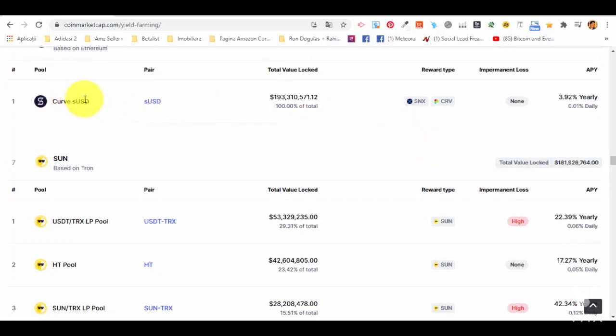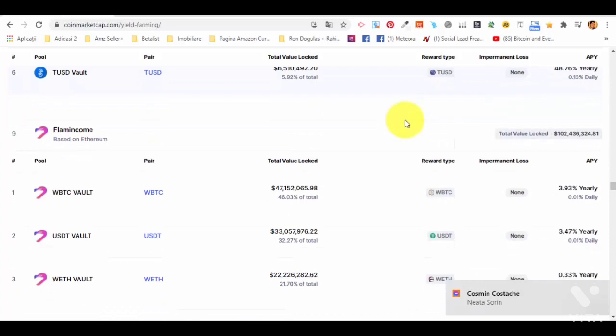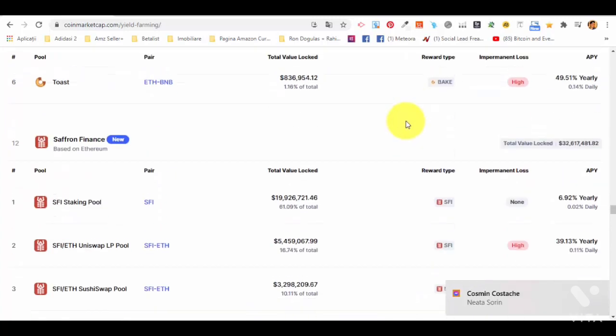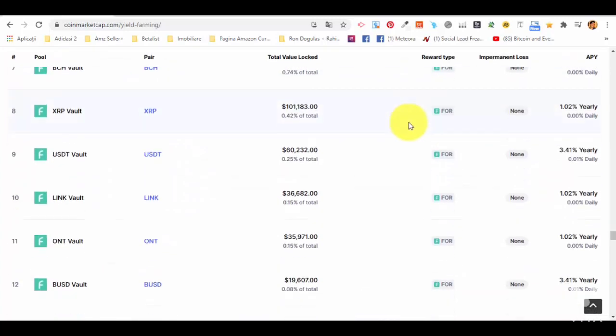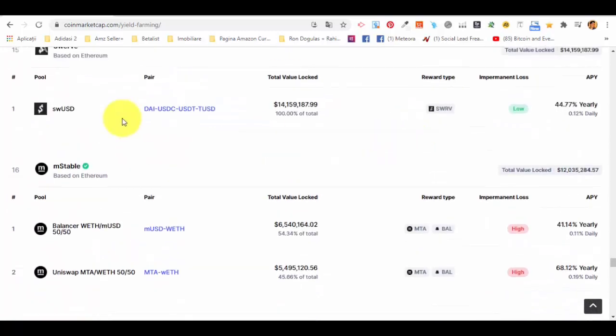Let's scroll down to see what else we have. We also have this one, low impermanent loss rate, very good return per year.